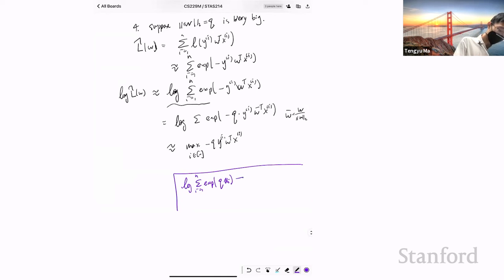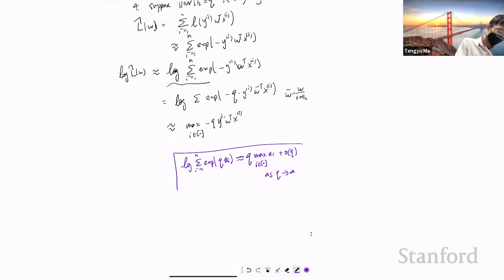I claim that this is roughly Q times the max of ui, i in N, plus something like little o of Q, something that doesn't depend on Q as much as Q goes to infinity. When Q is very big, this is really doing a max. It's like the temperature in the softmax: if you make it big, then soft max becomes hard max.